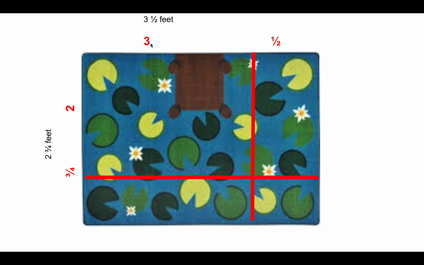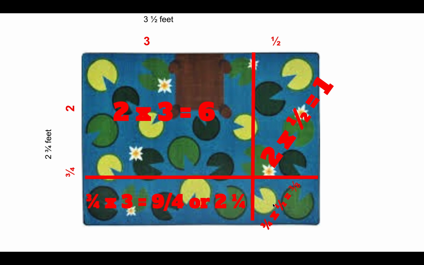So I'm going to split this into 3 1/2 and this into 2 3/4. So 2 times 3 is 6. 1/2 times 2 is 1. 3/4 times 3 is either 9/4 or 2 1/4, same thing. And 1/2 times 3/4 is 3/8.